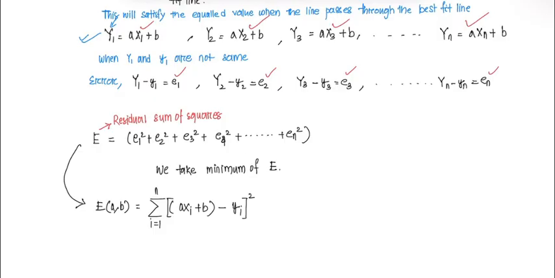The representation of the residual sum of squares is this: a xi plus b. This term, if I write, is capital Yi minus small yi. So this is the equation you require.